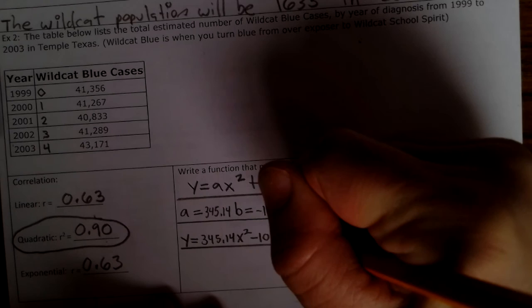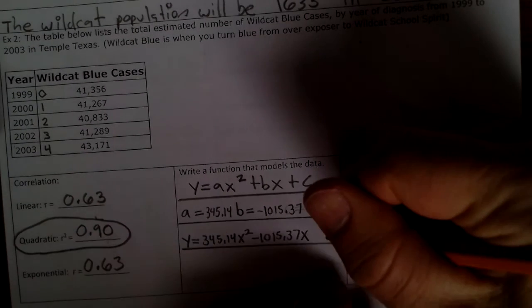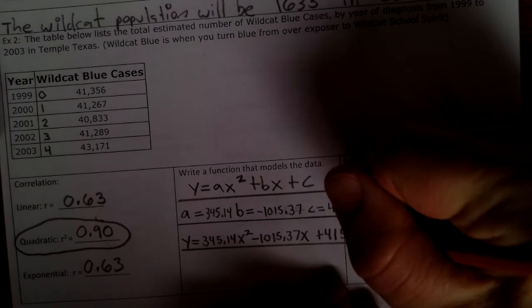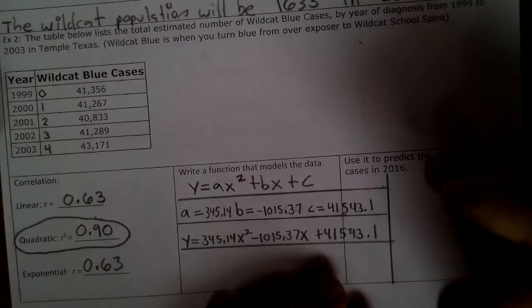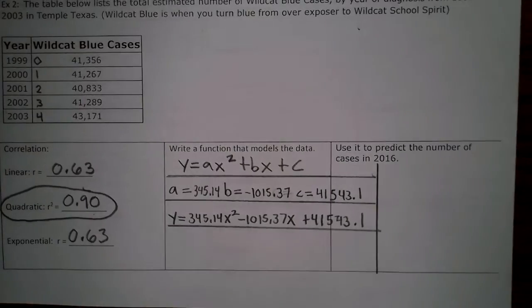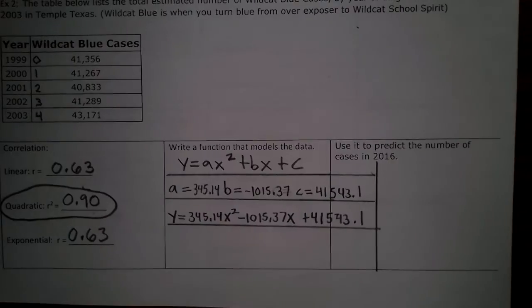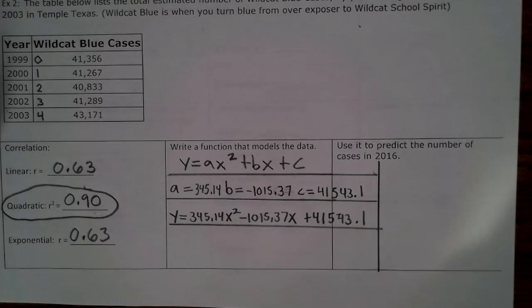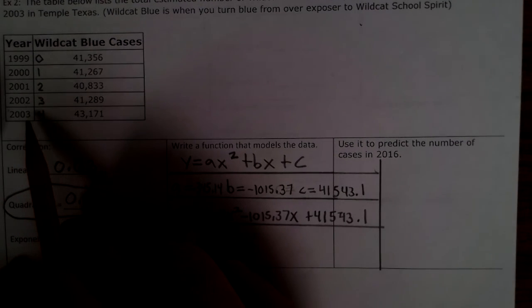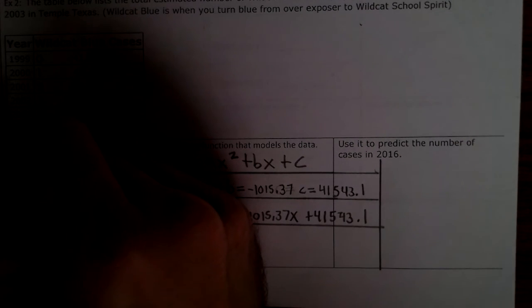All right, now it says use it to predict the number of cases in 2016. Well, if 2003 is 4, then 2004 would be 5. Okay. And let's actually change this, since 2016 has already passed. Let's change this to 2020.